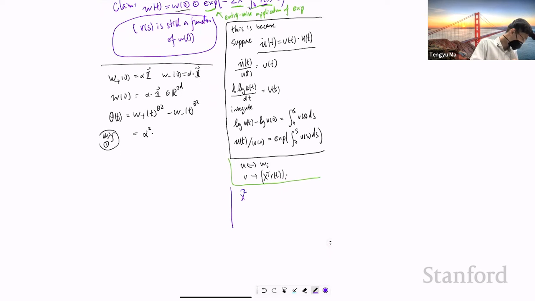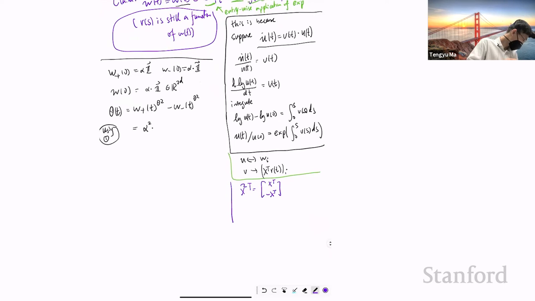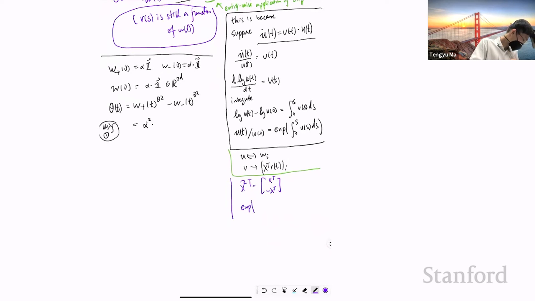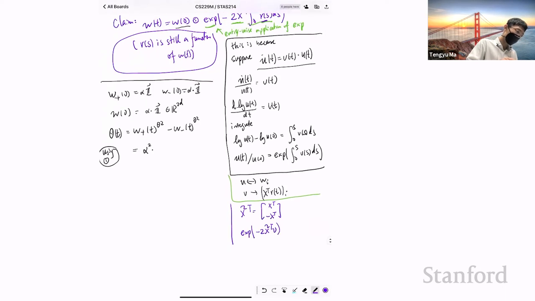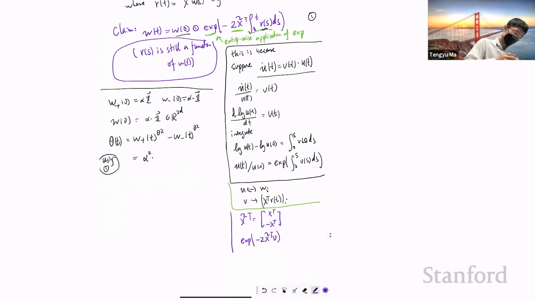So x tilde transpose is x transpose, minus x transpose. So that's why the exponential of minus 2 x tilde transpose times some vector v will be this integral.